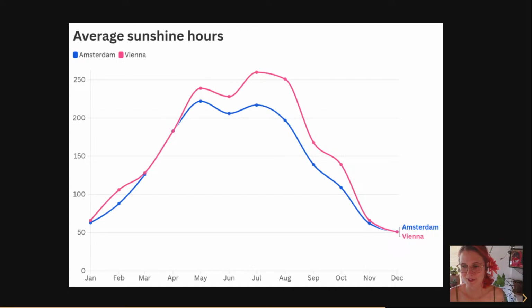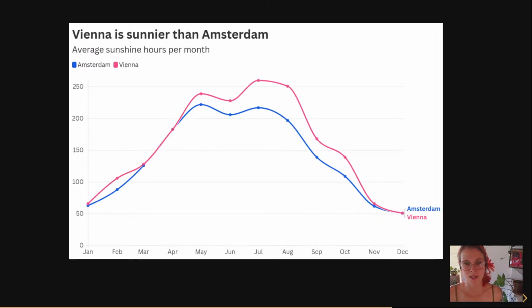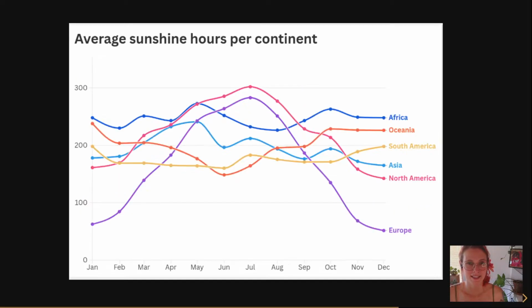So at the beginning, when we visualized the average sun hours, this is not really a data visualization I would publish anywhere, because it doesn't tell me what the story is. The only thing that I would change here is, again, the headline: Vienna is sunnier than Amsterdam. Then I have a story. This is the same thing, right?